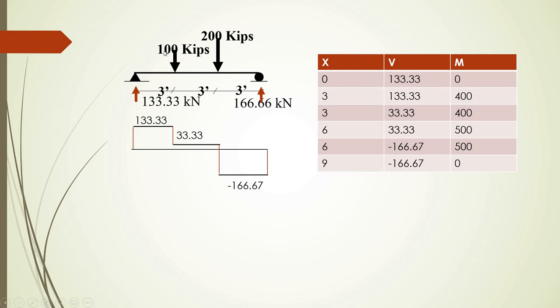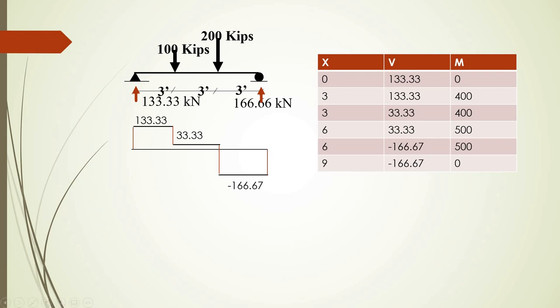Now there is one thing that you need to observe, and that is, if you move from 0 to this point, this is 133.33, and so there's this vertical line of 133.33, and if you look at the free body diagram, you can see an upwards force of 133.33. So the line goes upwards, and the value is 133.33.